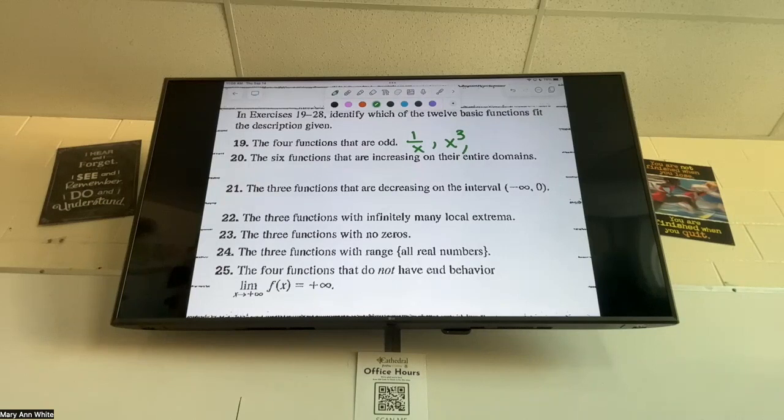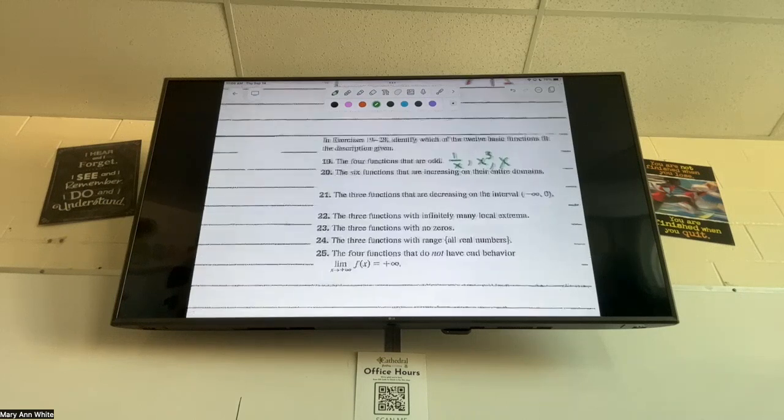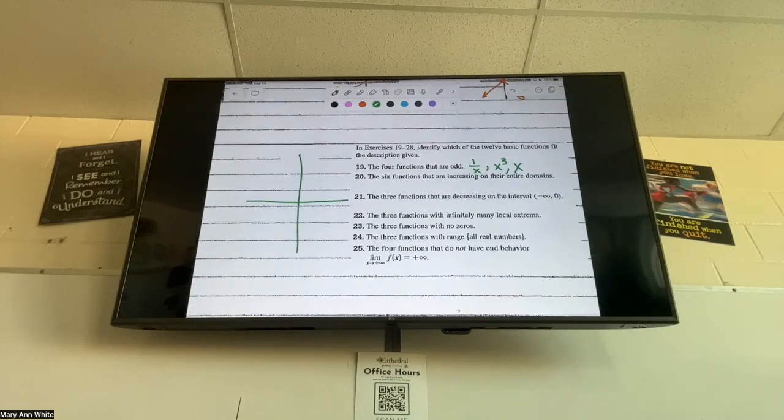Not exponential, not natural, not logistic, not square root. Linear is. Remember, these are all the same in the first and the third quadrant, so linear is just a straight line, and so it's the same in the first and the third. Cubic kind of snakes through, so it's the same in the first and the third. Reciprocal has just kind of those little C's that match in each one.